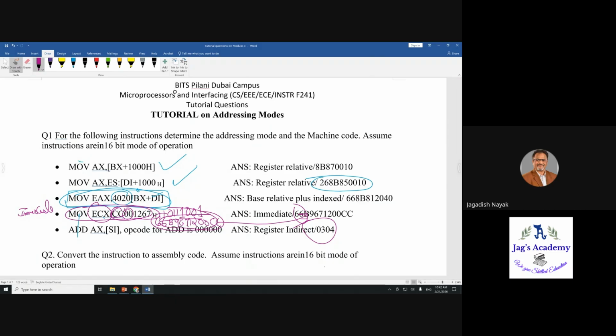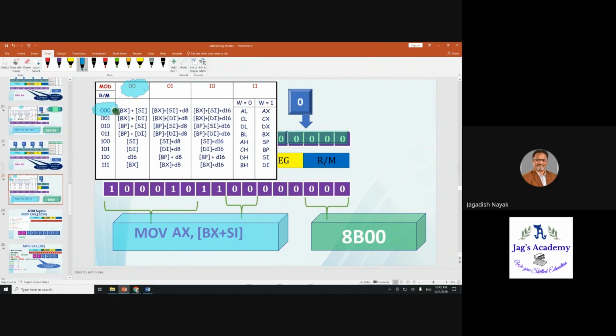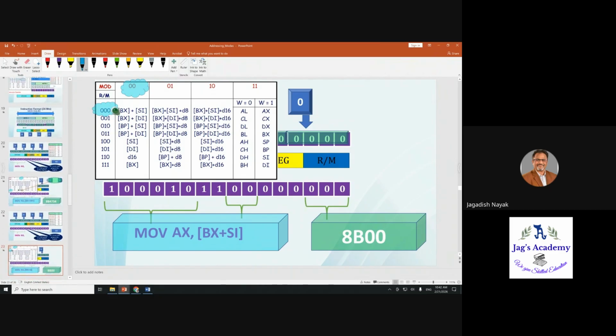So now what we learned is converting from an assembly instruction to the machine instruction. Can the reverse be done? Yes, we can do it very easily, using the same table. I will tell you how to convert.